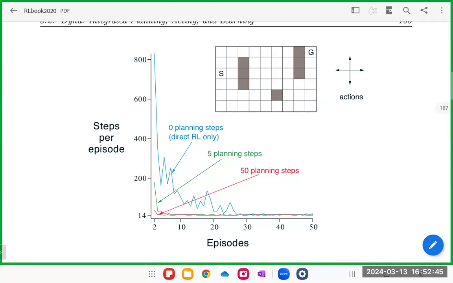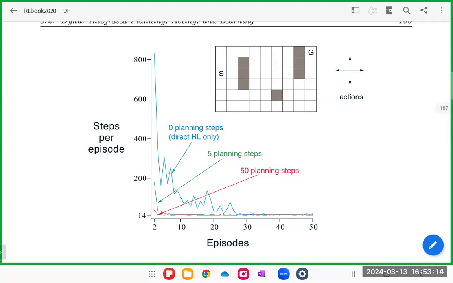You just update based only on your actual interaction with the environment. On the x-axis, they are writing episode numbers. On the y-axis, they are writing after how many steps you reach the goal. The blue curve initially takes around 800 steps to reach the goal.